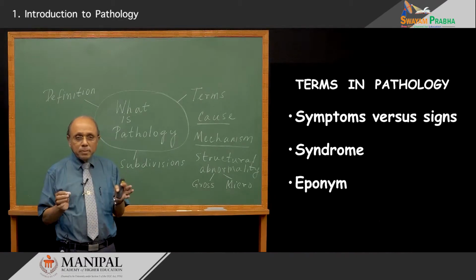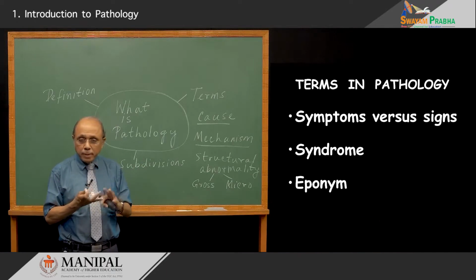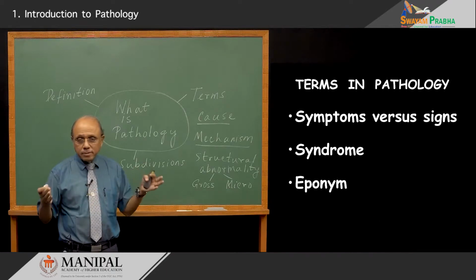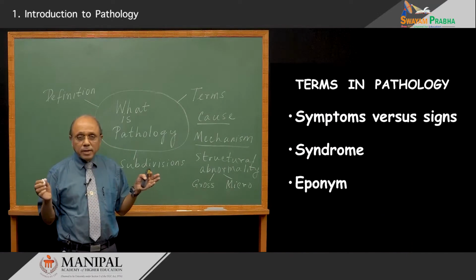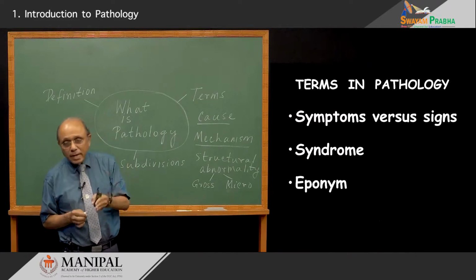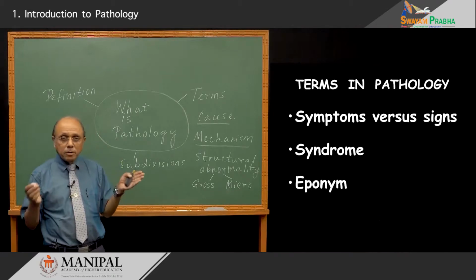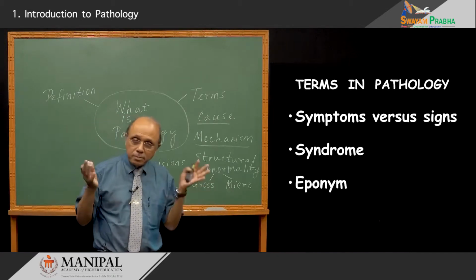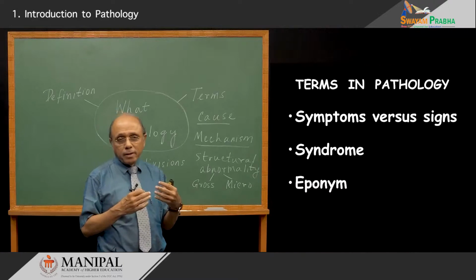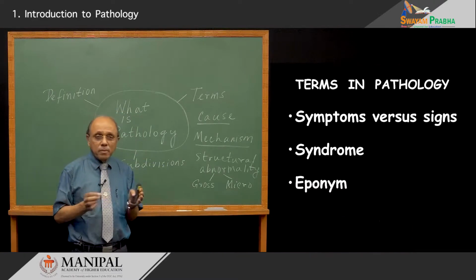So, eponym simply means named after. So, it could be a place, it could be a person, Hodgkin's disease. So, all these indicate that a person's name or a place name is associated with that particular manifestation or disease or symptom or sign. So, it could be anything, but essentially the word eponym is used when we link it.